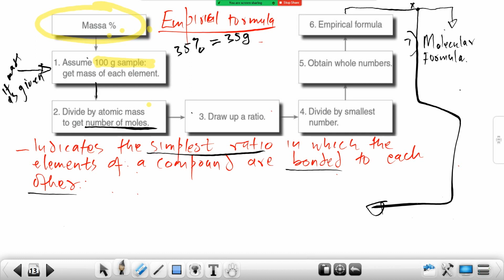So it will be the molecular mass of the formula, molecular mass divided by empirical mass.